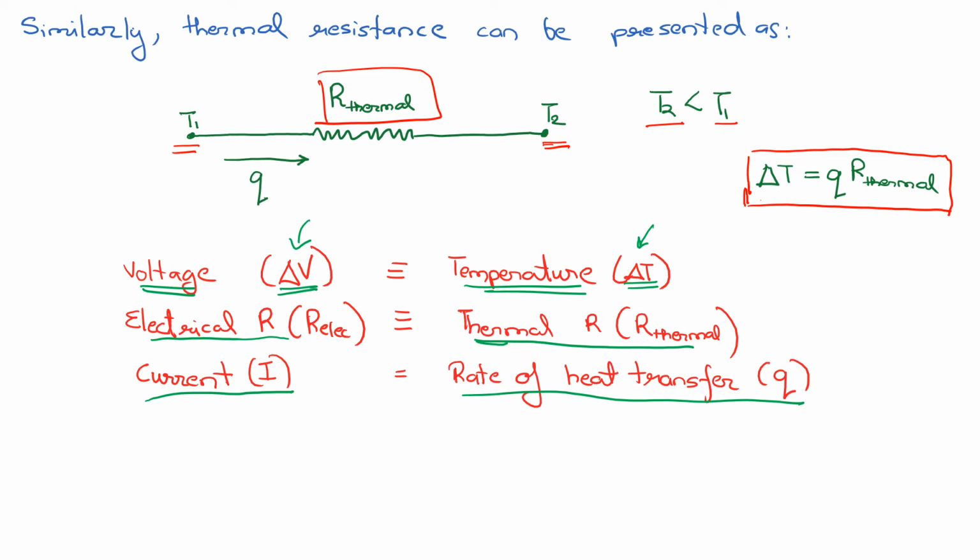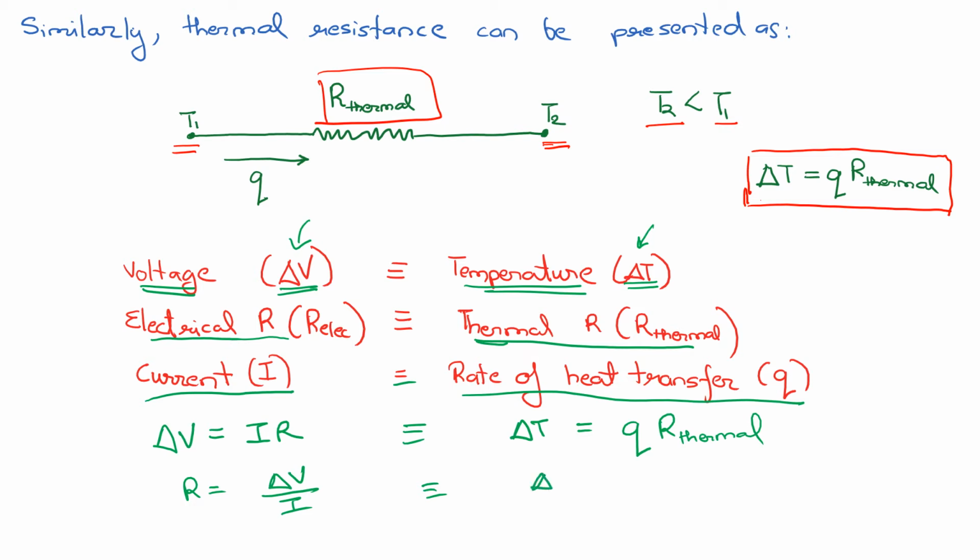So in this case, your Ohm's law was delta V equals I into R, whereas for the thermal case, you have delta T equal to Q into R thermal, or we can say that the resistance is delta V by I. In this case, your thermal resistance will be delta T by Q. Okay, so this analogy between the two systems is very important to understand.